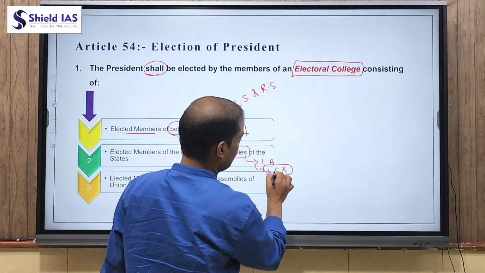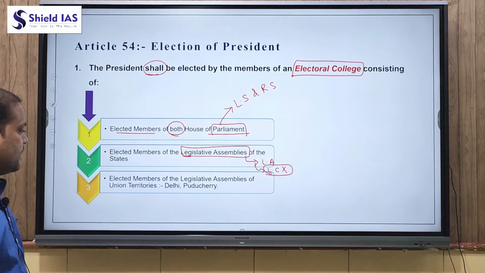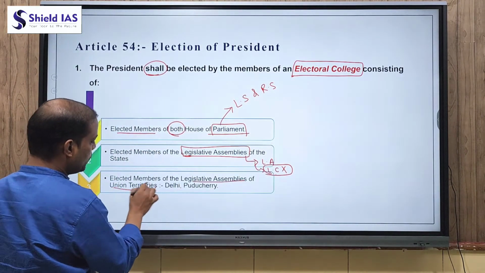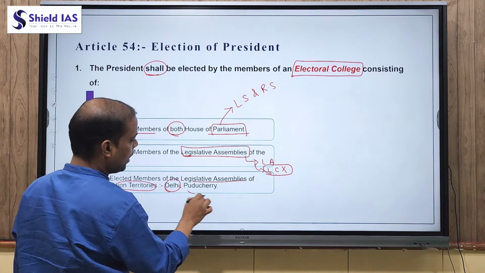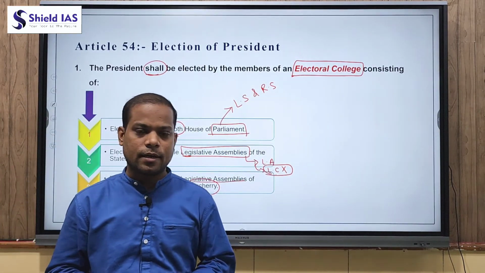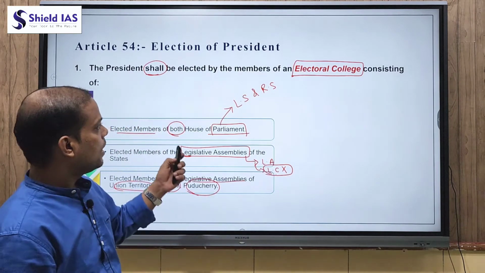Remember the point. And third, the elected members of the legislative assembly of union territories, like Delhi and Puducherry. So these are the members who participate in the election of the President.